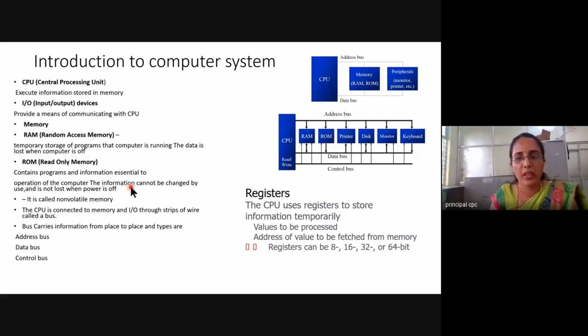Permanent in the sense that whenever there is a power failure, there is no loss of data in ROM, but the data stored in RAM will be lost. So memory is the unit used for storage of data as well as instructions or addresses.